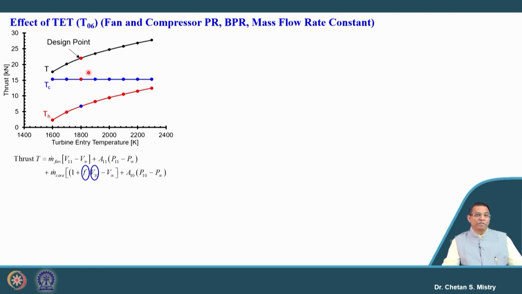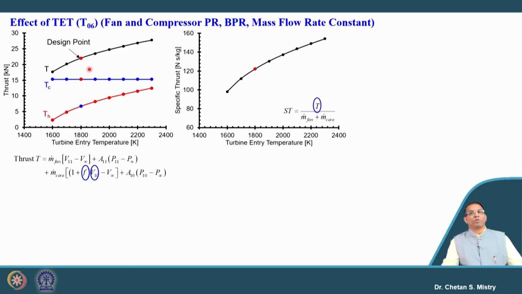In overall, we will be having a rise of thrust with the increase of turbine entry temperature. So, let us look at this as a case. Here in this case, this is an indication of specific thrust. It says with increase of turbine entry temperature, our specific thrust is going to be increased.